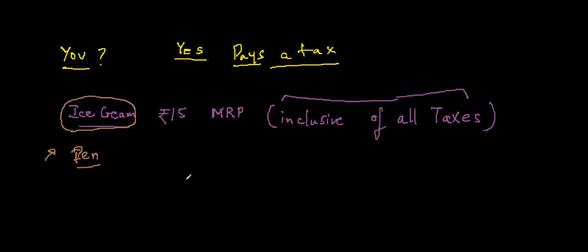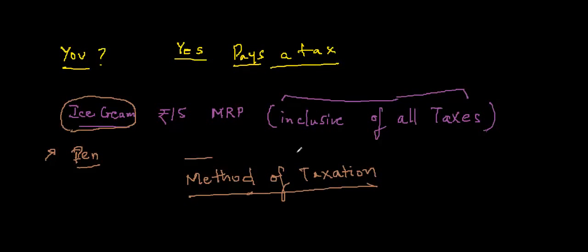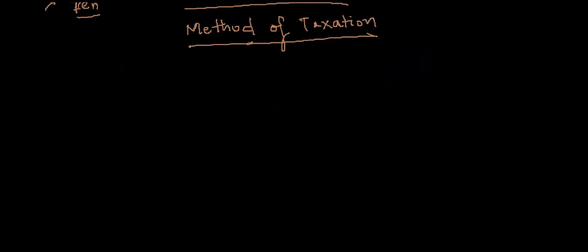Now the question arises, what is the method of imposition of tax, or the other way around, how does the government impose taxes? Method of taxation, or how the government imposes tax. Then I'll say here that tax is something which the government imposes in two ways.